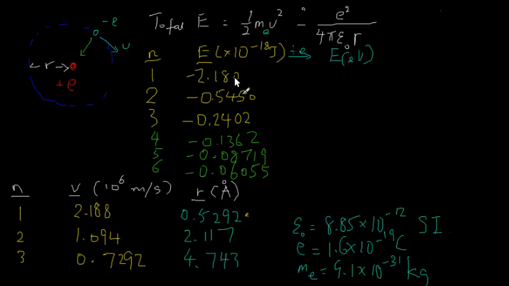Like for example, if I divide this by e, that very small number, we would get minus 13.6. So that looks like a simpler number than minus 2 point something times 10 to the minus 18, which is quite a lot of things to write. So minus 13.6, and that actually is a good number to remember.